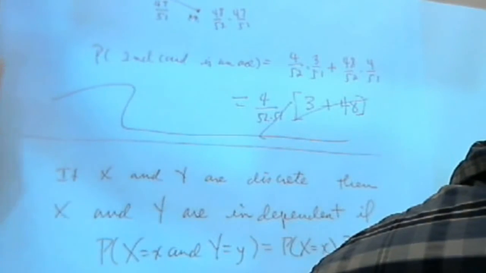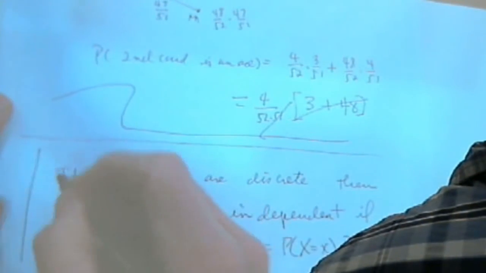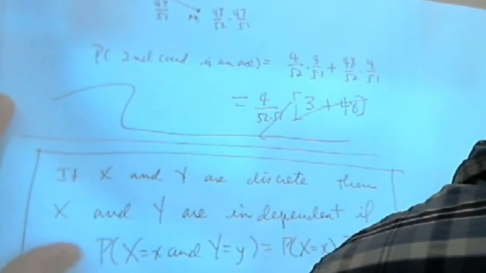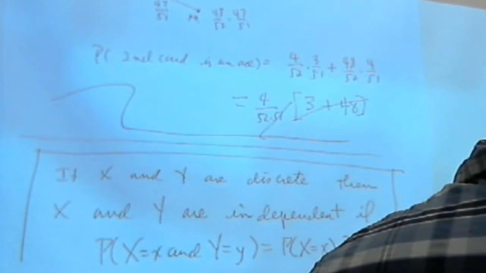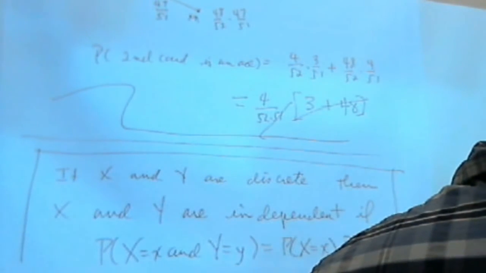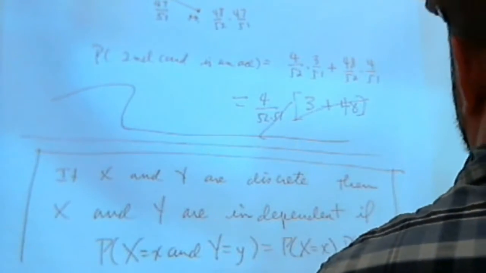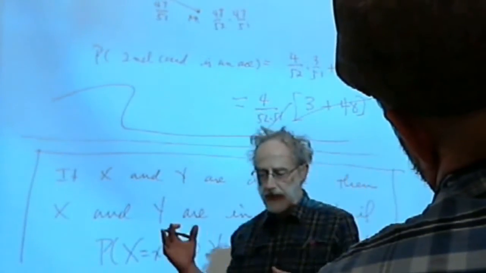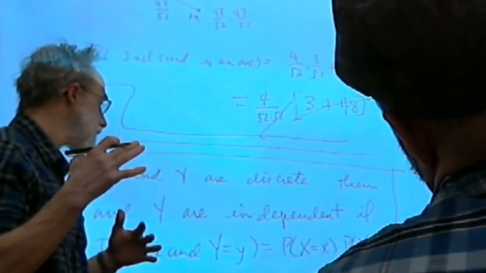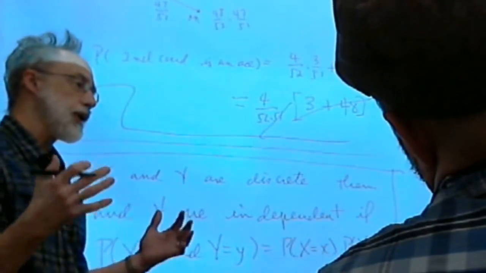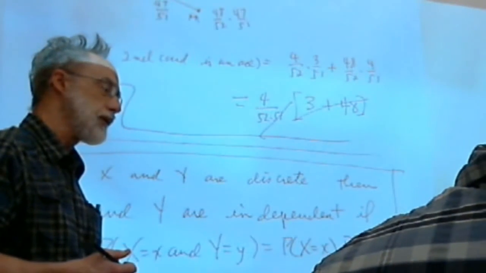We could just use the definition of independence for discrete random variables. You have a joint distribution, and then you have the marginal distributions. They're independent if and only if the product of the marginals is equal to the joint. Right?